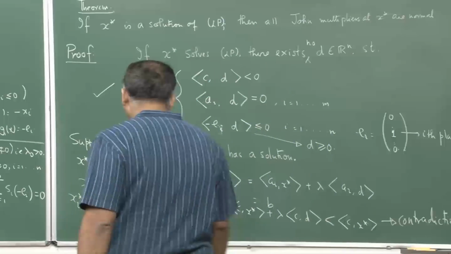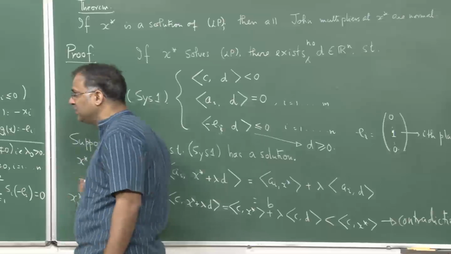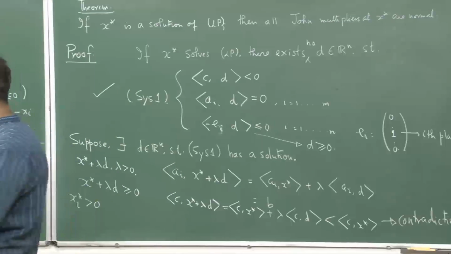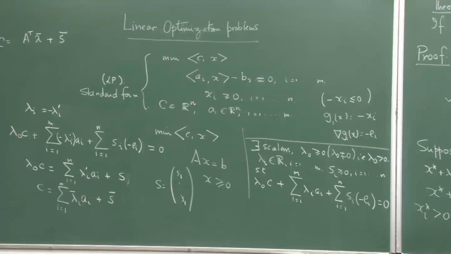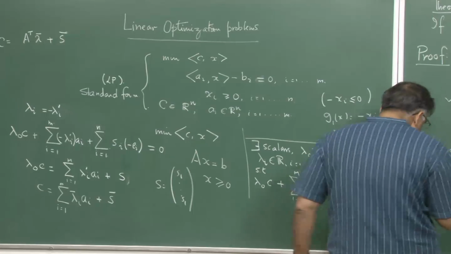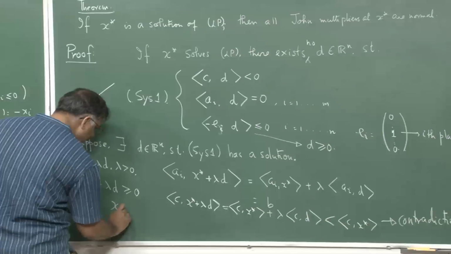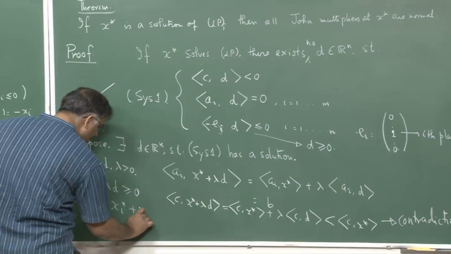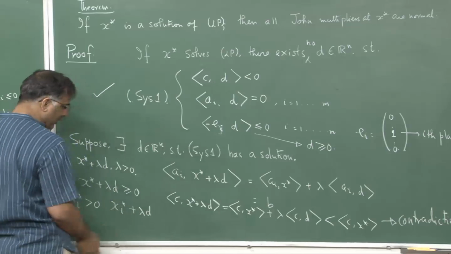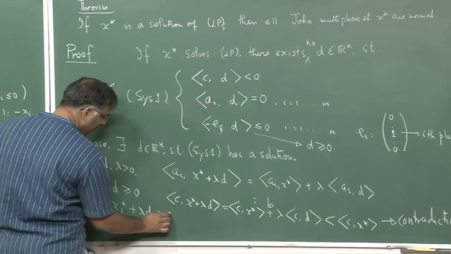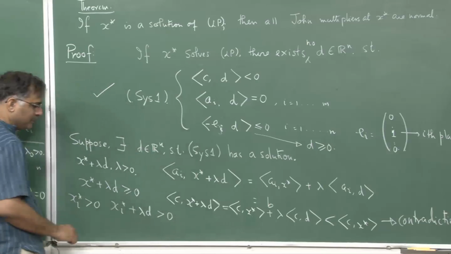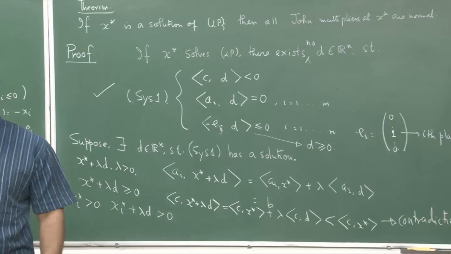Now I have the controlling capacity on lambda. So, I choose my lambda in such a way, make it so small that I can always have xi star plus lambda d, d could be negative, to be strictly greater than 0, does not matter at all.